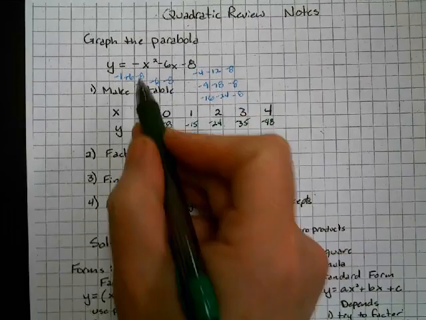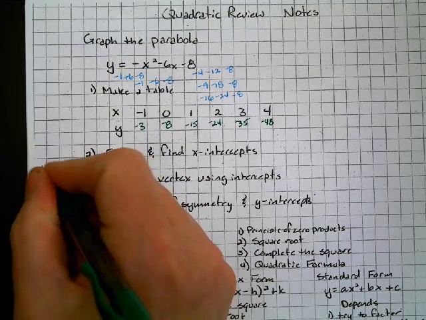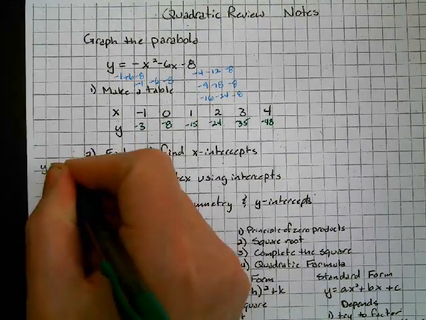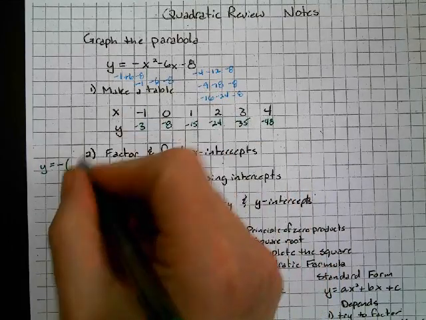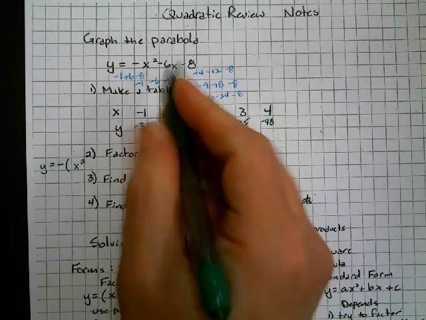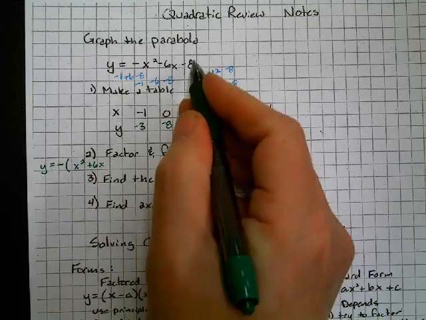Okay, so since I have a negative out front, I want to factor out that negative. So I'm going to put a negative out front, and then this is going to become positive x squared, positive 6x, and positive 8.